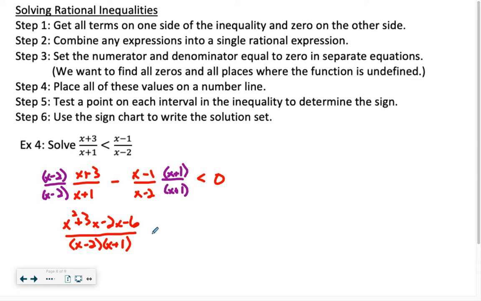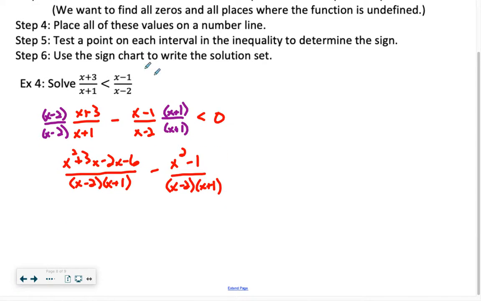So that's why I'm multiplying out the numerators here. Then I'll have x squared, and I know this is going to be plus x minus x, so I'll skip that step. And then we'll have minus 1 over x minus 2 times x plus 1. And that will all still be less than 0.